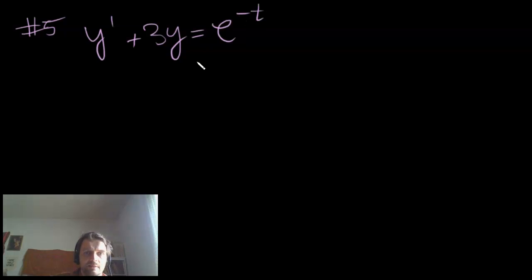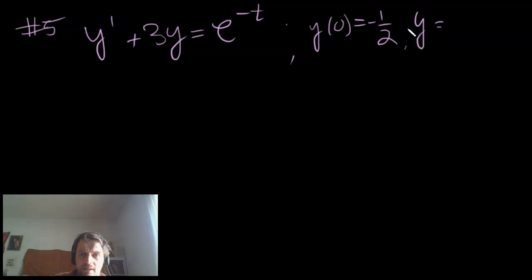Great, let's look at problem number 5 as well. So problem number 5, it's a very similar thing where we want to verify, except now it's an initial value problem. So this gives you y prime plus 3y is equal to e to the negative t.